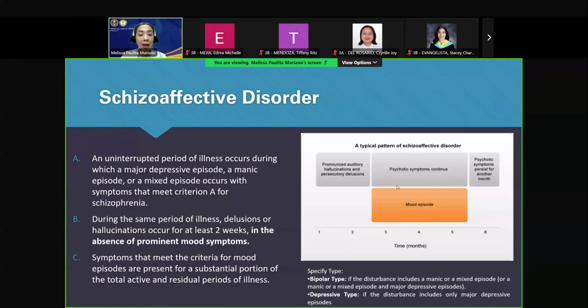So you will see, therefore, that usually we still require the duration to be 6 months. This is a typical pattern of schizoaffective disorder.